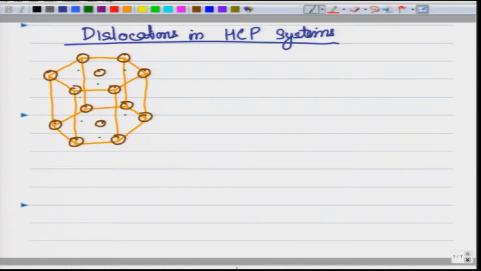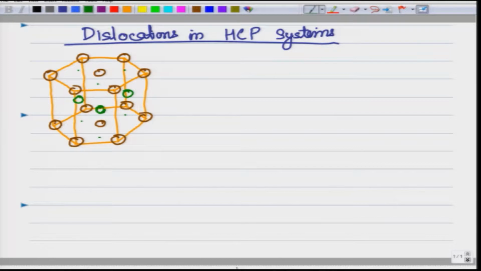If you combine these, there will be another atom here, another atom here, another atom here. If we are talking about a metallic single phase system, they are all the same atom. I am just drawing in different colors because it is easier to see. So, these are the different atoms that you see.